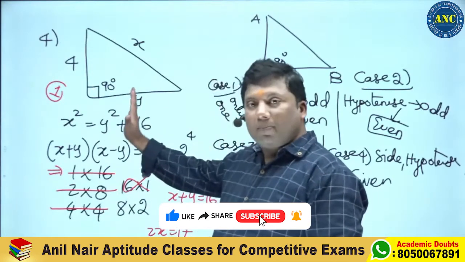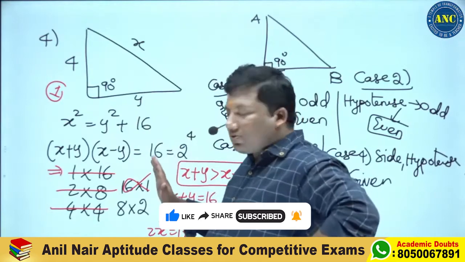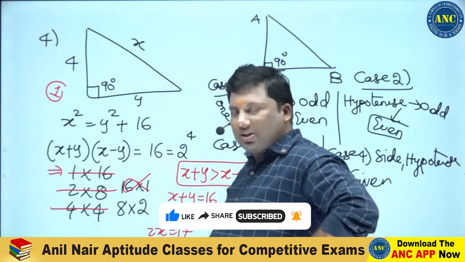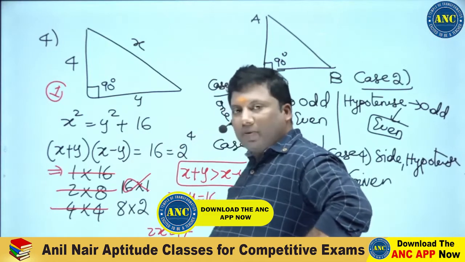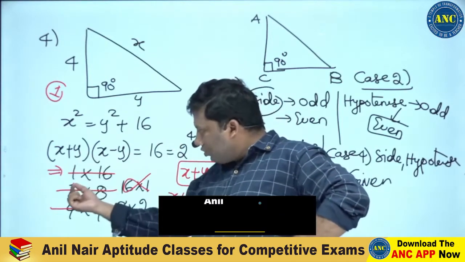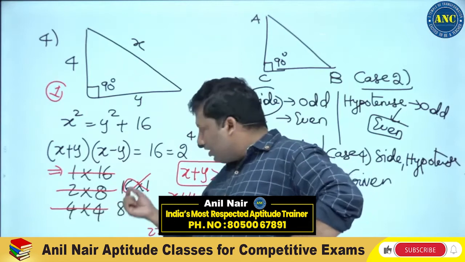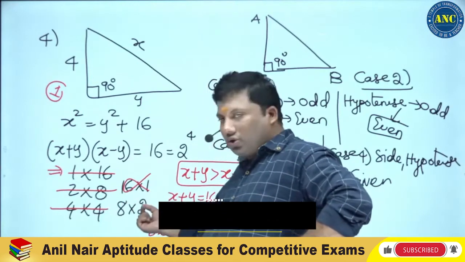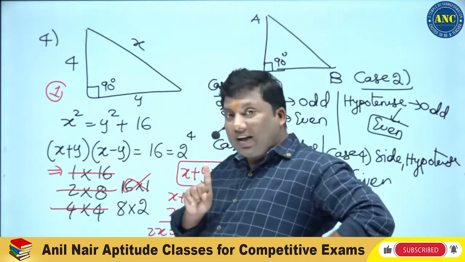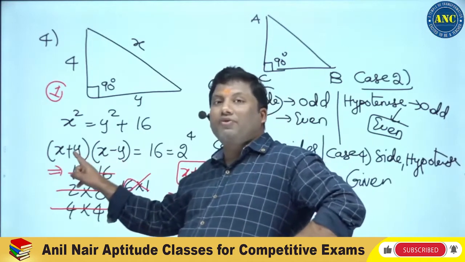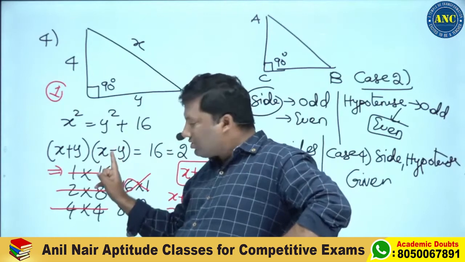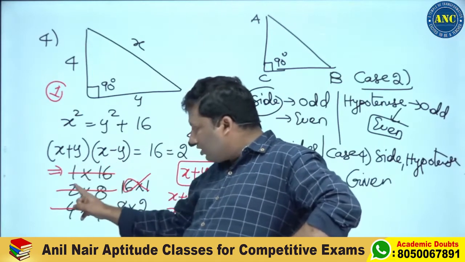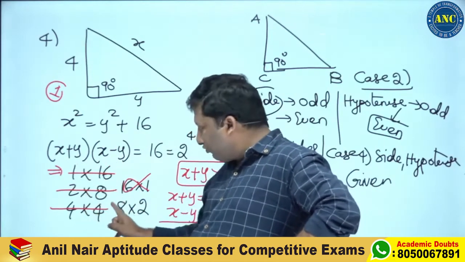So side odd number is over, side even number: x square is equivalent to y square plus 16, so x plus y into x minus y. 16 is 2 power 4. 1 into 16, 2 into 8, 4 into 4, 8 into 2, 16 into 1. 1 into 16 is mathematically incorrect because the sum of two natural numbers should always be greater than their difference. 1 into 16 out, 2 into 8 out, 4 into 4 out.